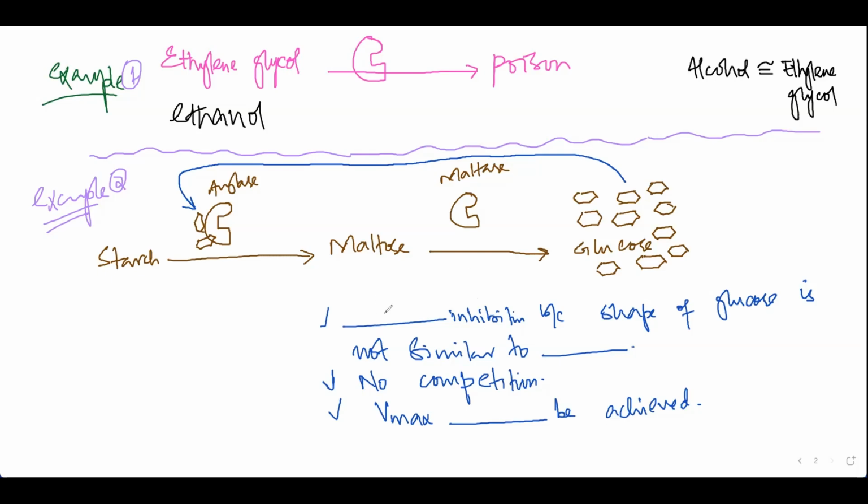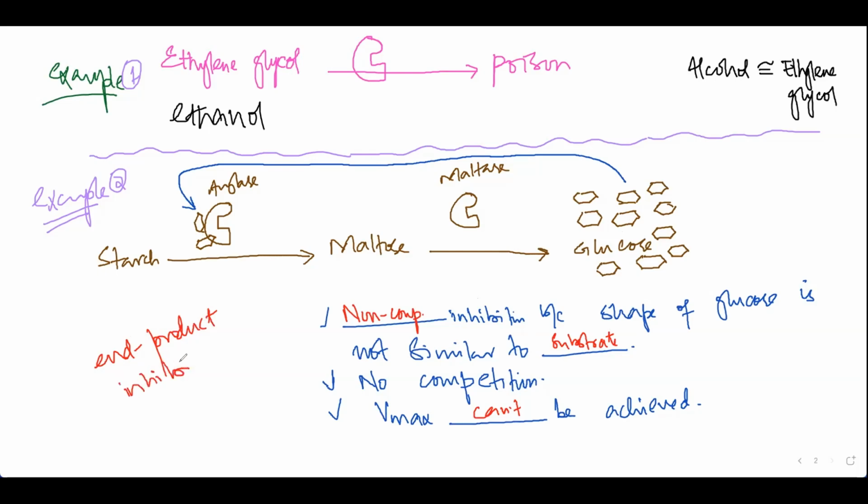Very good. So this is called non-competitive inhibition, not similar to the substrate. Vmax can't be achieved. And this is called end product inhibition. That is, when the end product inhibits the enzyme. The end product was glucose, which is inhibiting the enzyme.